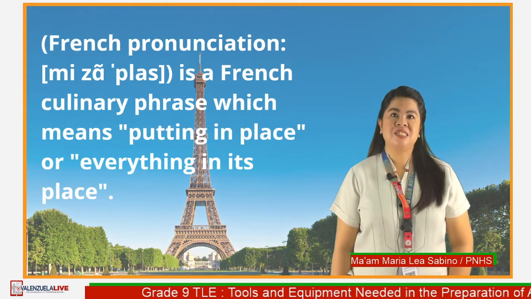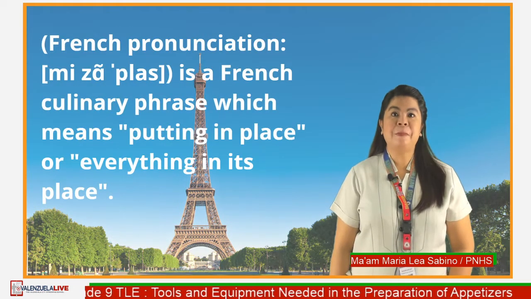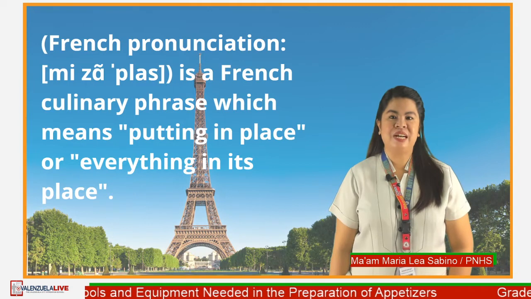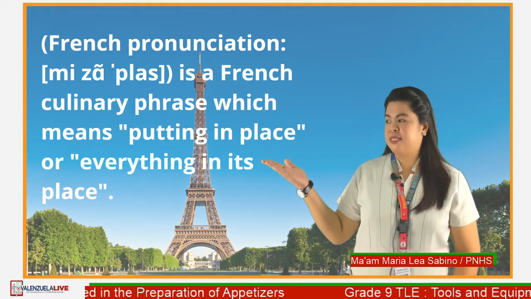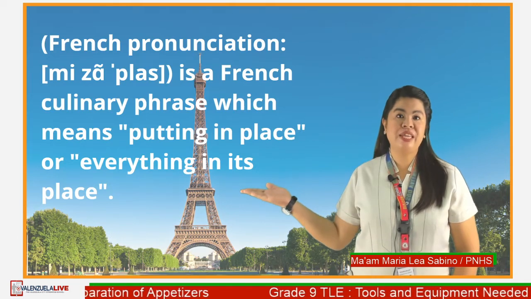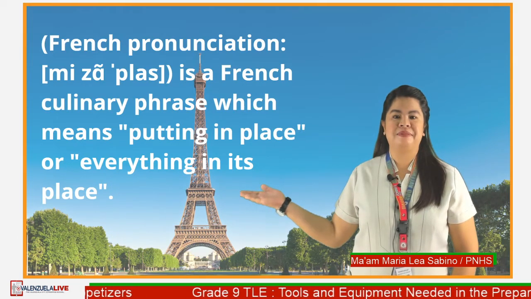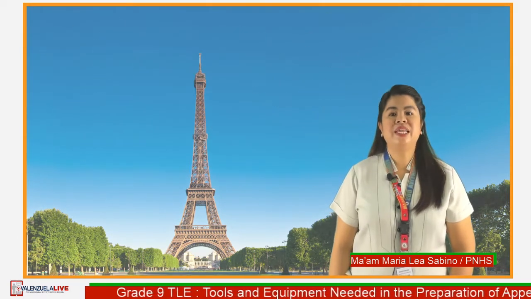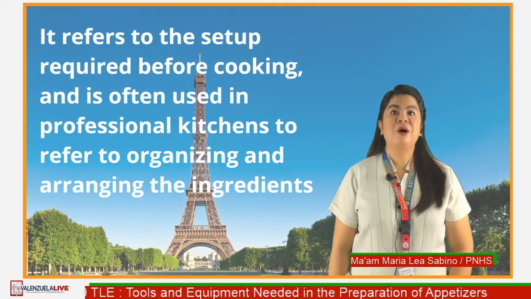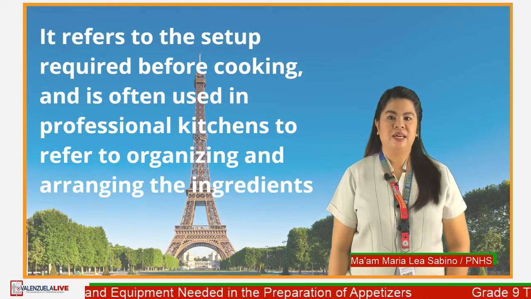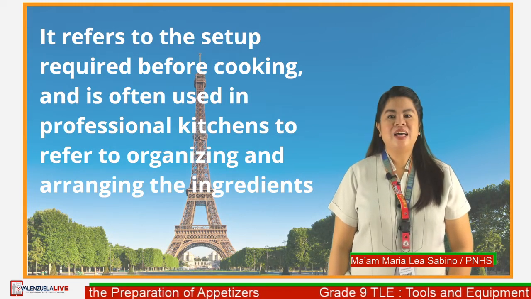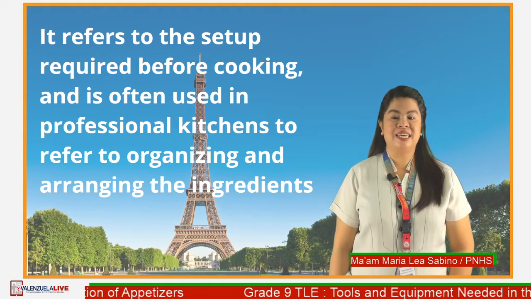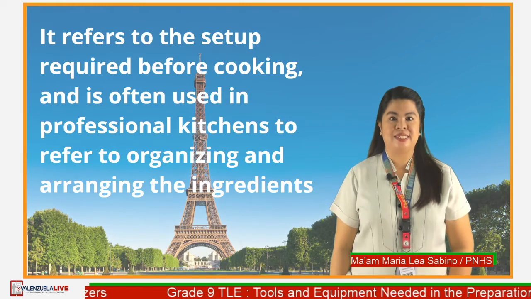A French pronunciation. Mise en place is a French culinary phrase which means putting in place, or everything in its place. Now, it refers to the setup required before cooking. It is often used in professional kitchens to refer to organizing and arranging the ingredients.